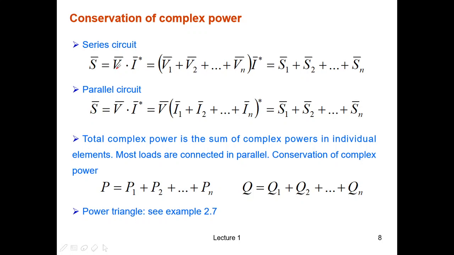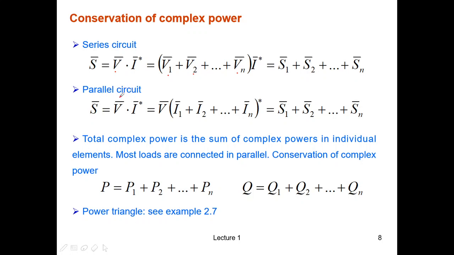The total voltage is the sum of all the voltages on the components, but we only have one current through all the loads. So we can multiply this conjugated current onto each component and get the total power as a sum of individual complex powers.